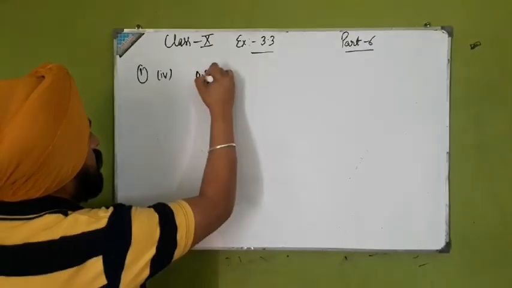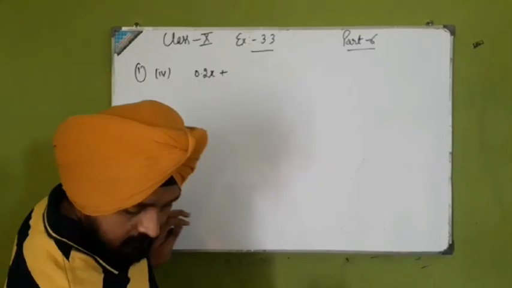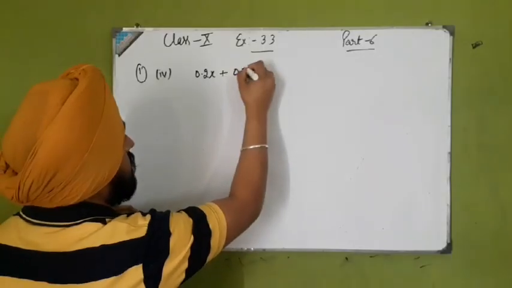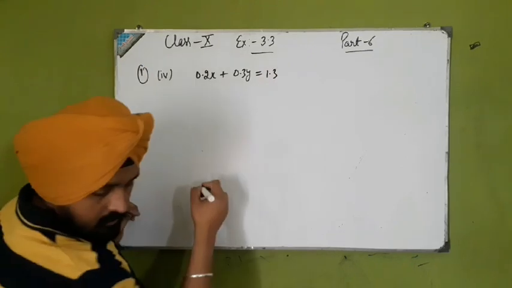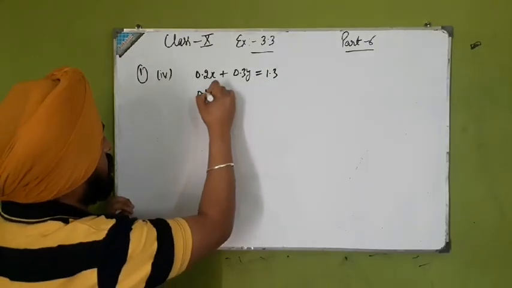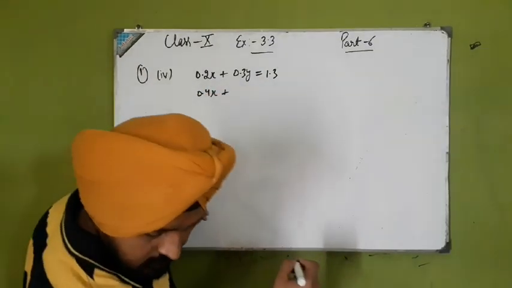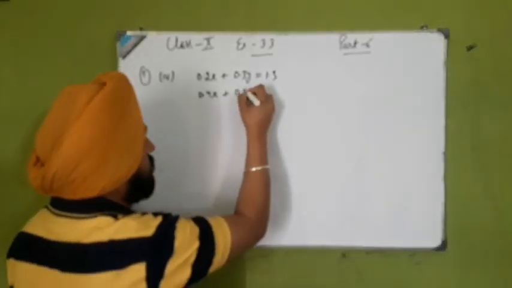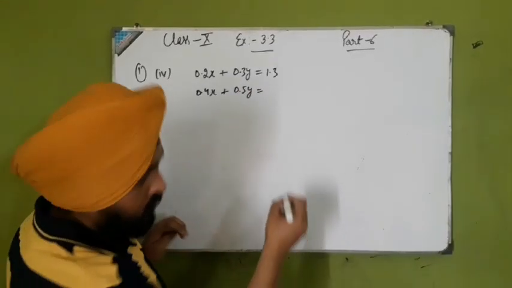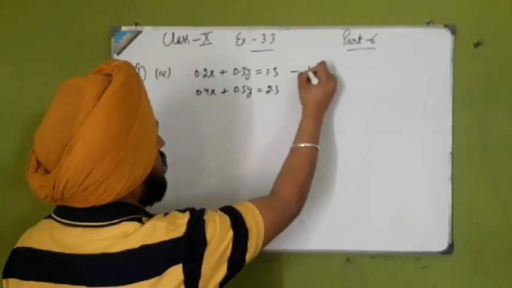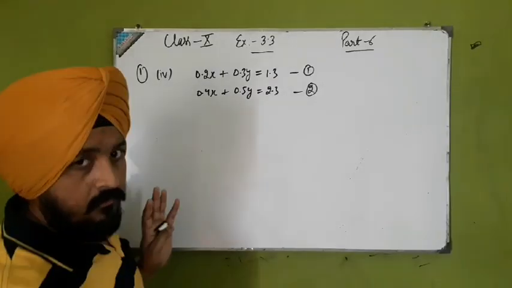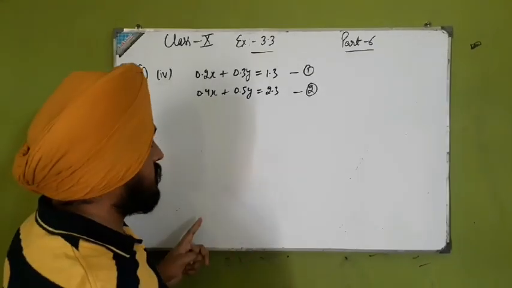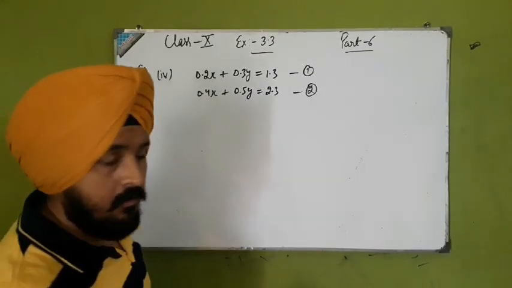Now the coefficients are in decimals. 0.2x plus 0.3y is equal to 1.3 and 0.4x plus 0.5y is equal to 2.3. Equation 1, equation 2. So we have to find the value of x from the first equation in the form of variable y.